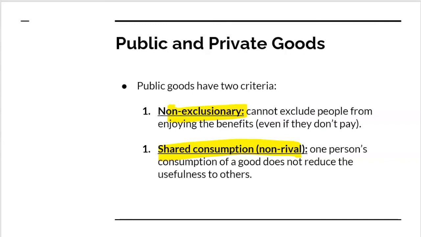So if we're looking at streetlights again, because you use streetlights, that does not reduce the usefulness of the streetlights towards another person or towards other members of society. That is non-rival or shared consumption. And so to be a public good, you have to meet both criteria here. It has to be non-exclusionary, and the good also needs to be non-rival or shared consumption.